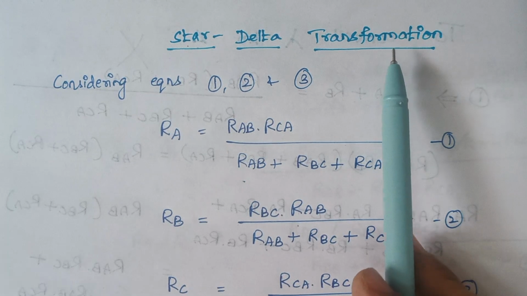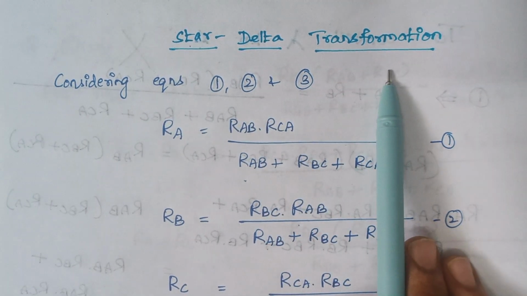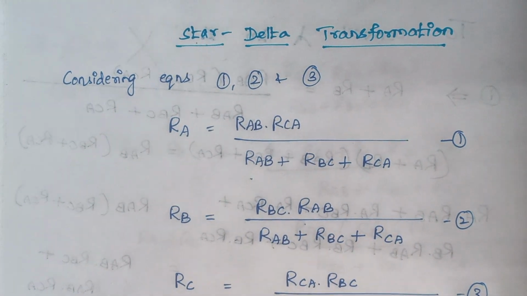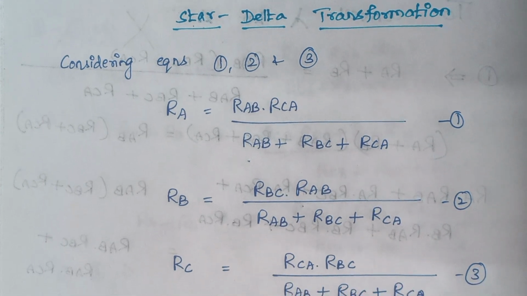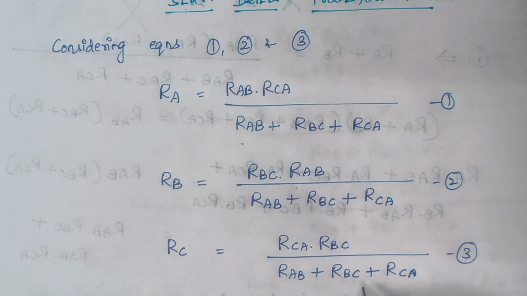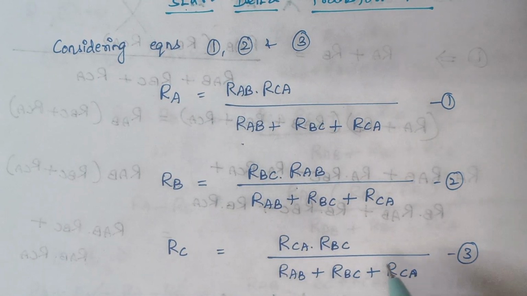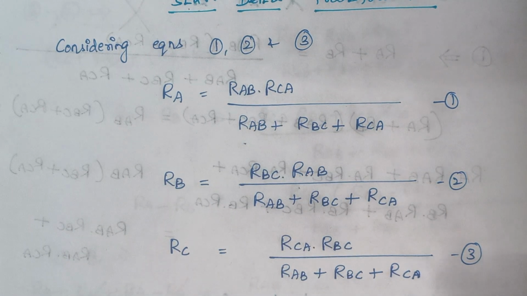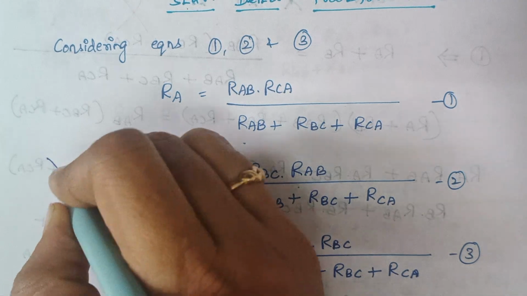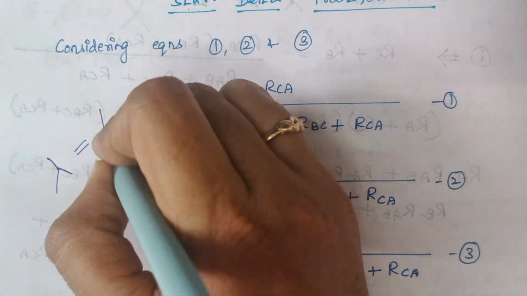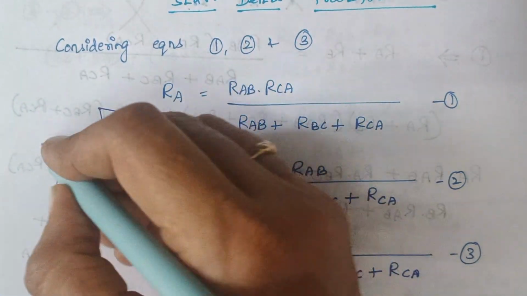So the next conversion is star delta transformation. Again we have to consider the equations 1, 2 and 3 from the previous case. Because we are converting a star to delta, this is our star and we are converting it to delta here.